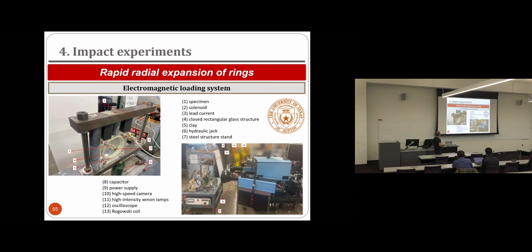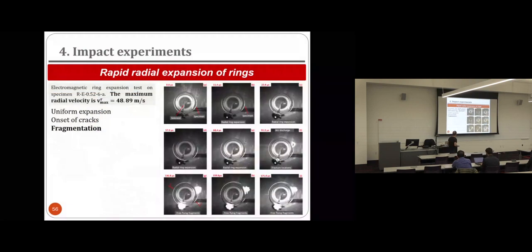So my student spent 5 months in Austin rebuilding the setup of Rabi, and then we performed ring expansion experiments with the same material using the setup of Rabi to compare if our mechanical setup, because we only need a gas gun, provides results which are consistent with the electromagnetic setup of Rabi. Okay, so this is Rabi's lab in Austin.